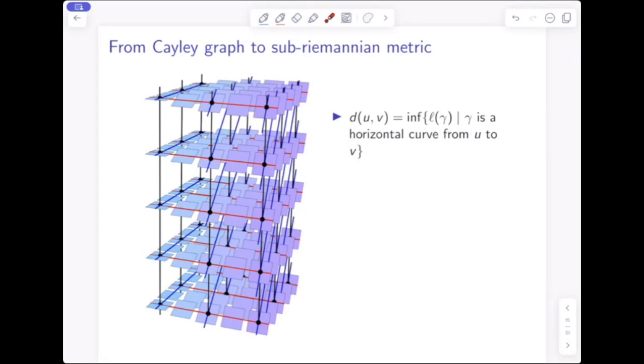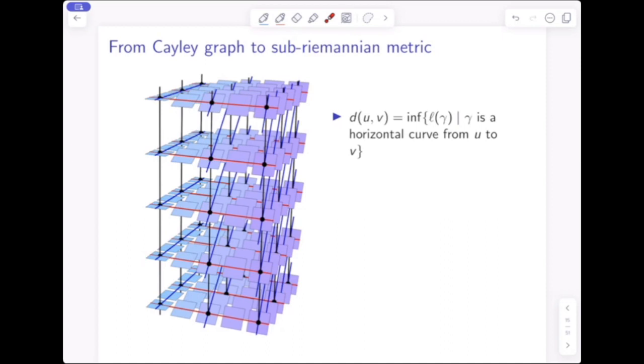In the case of the Heisenberg group, the horizontal vectors are these planes in this picture here. You can see that these are the planes that are spanned by the red edges and the blue edges. These always contain the red edges and the blue edges. And we define the distance between 2 points to be the length of the shortest path between them.